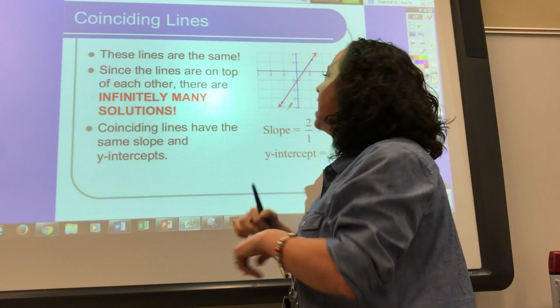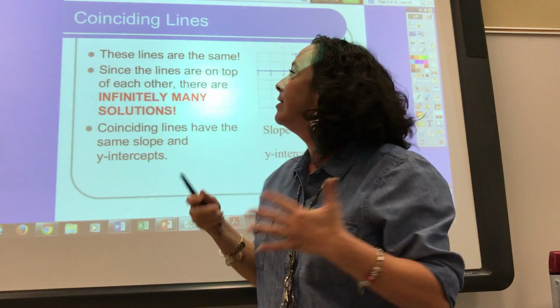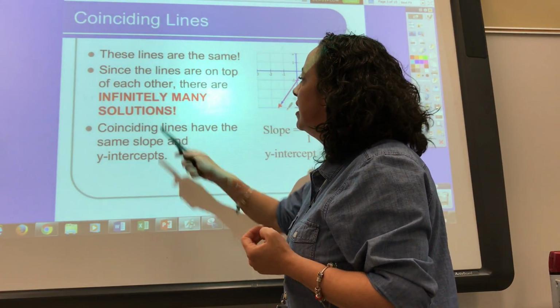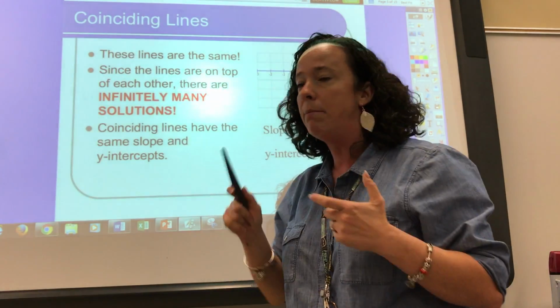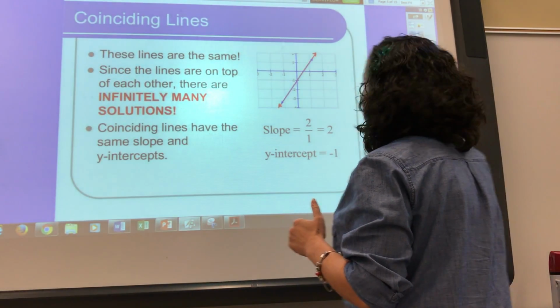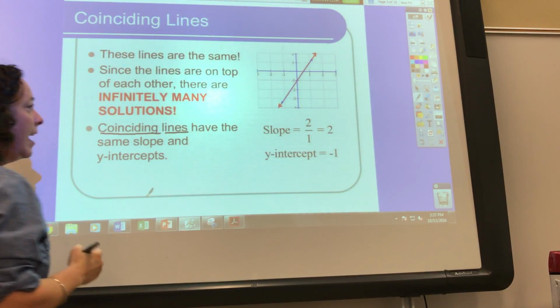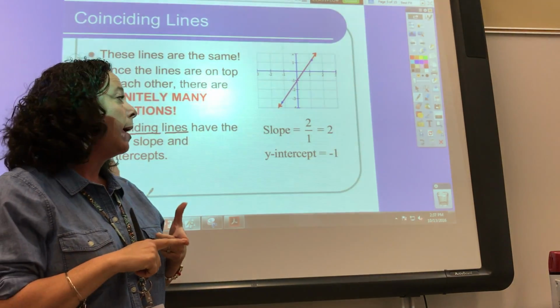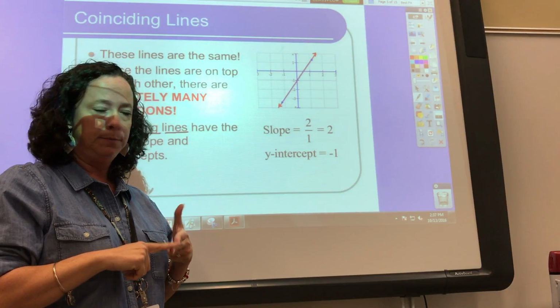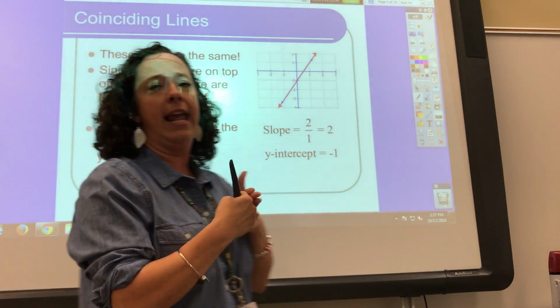So they intersect all the time. So that means the solution is infinitely many solutions. Remember, these lines are called coinciding lines. They have both the same slope and the same y-intercept. So they're exactly the same.